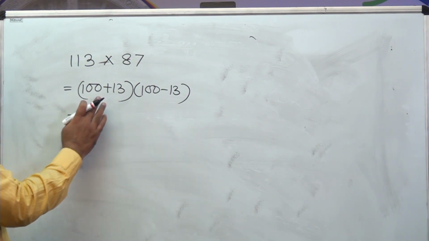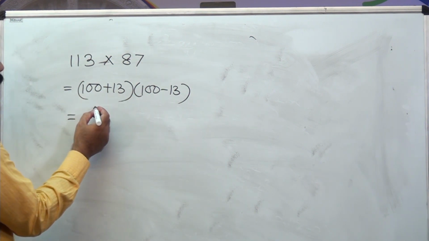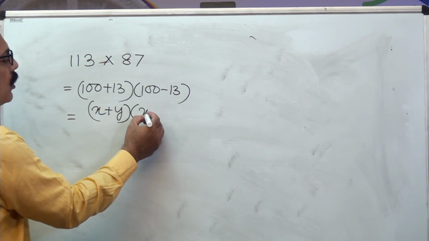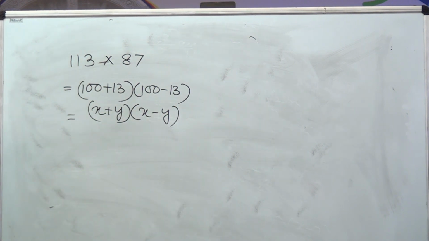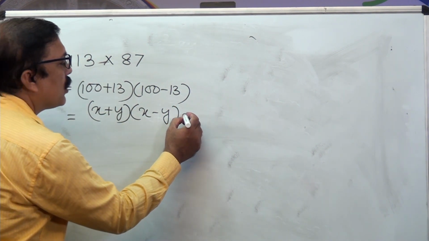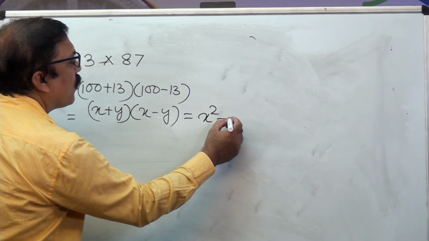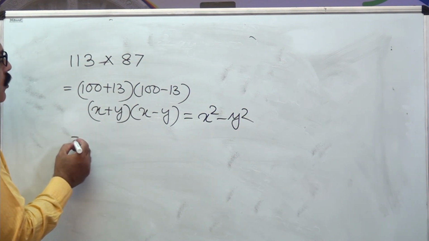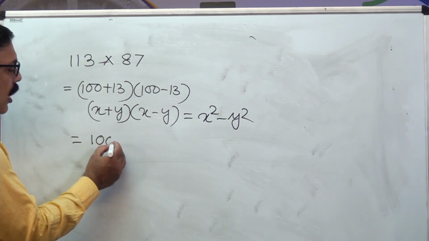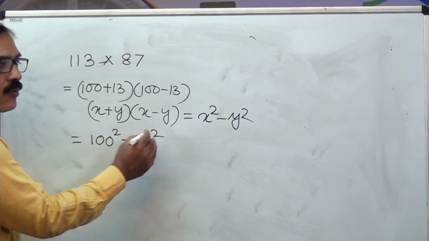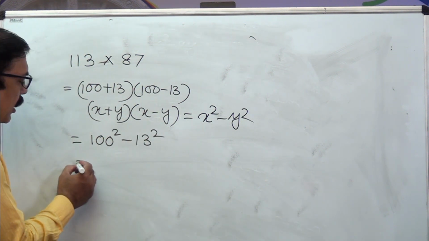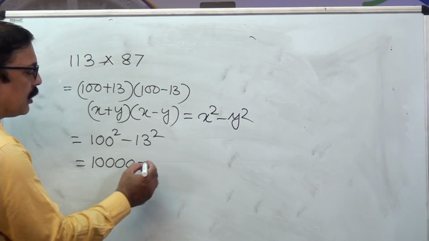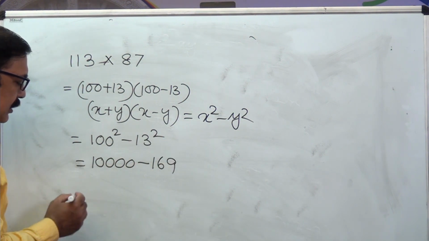Now see this form. We can compare this with x plus y into x minus y, which we know is x square minus y square. So we can simply use this: 100 square minus 13 square. 100 square is 10,000, minus 13 square which is 169.